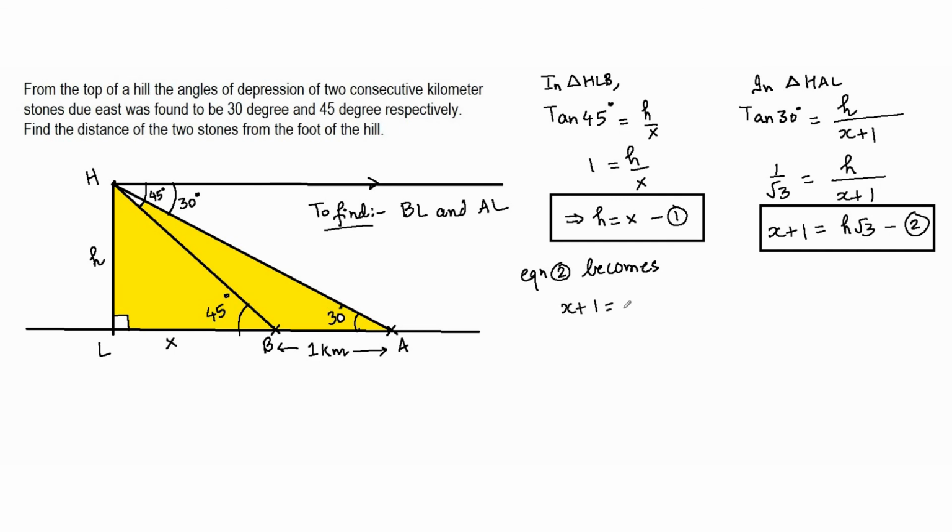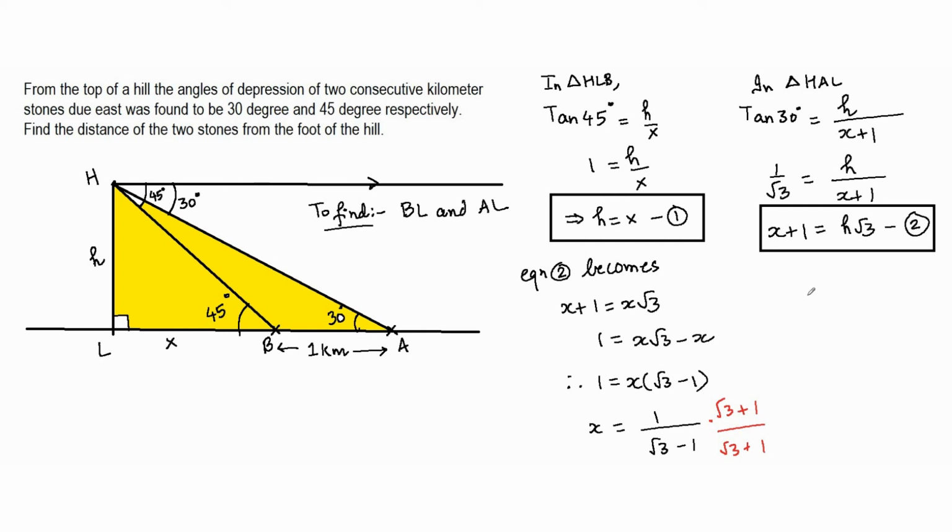So x plus 1 becomes x root 3, which means 1 equals x root 3 minus x, and therefore 1 is equal to x times root 3 minus 1, and therefore x is equal to 1 upon root 3 minus 1. Of course, I can rationalize the denominator. So I can multiply by root 3 plus 1 and root 3 plus 1.